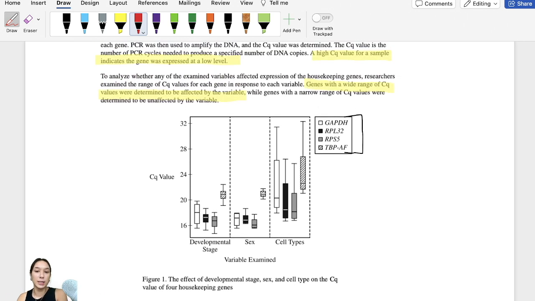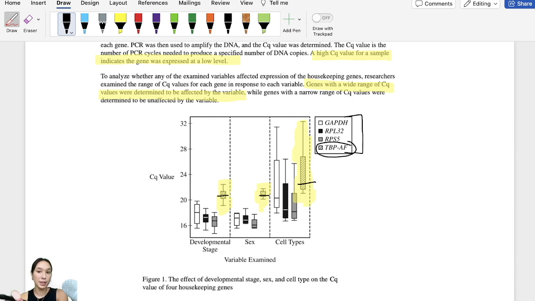Let's look at which one has the highest CQ value for all 3 of our variables. In this case, it's this one, and this one, right? If I were to compare the medians, and then the medians here. That is the highest across all 3 different types of variables. This gene is TBP-AF.